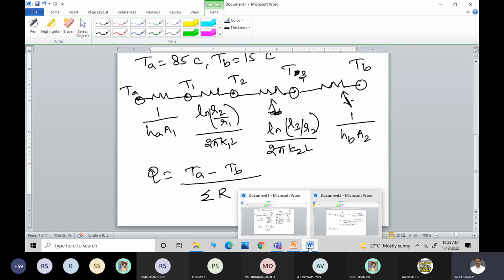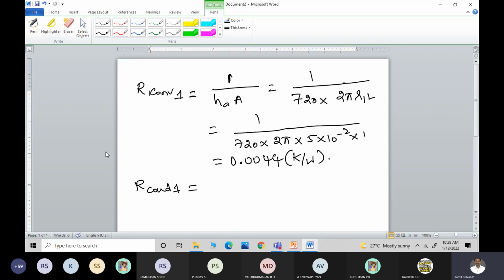2 pi K1 into L, natural log of R2 by R1. So substitute it and get the answer. Natural log of 0.06 divided by 0.05, 2 pi K1.